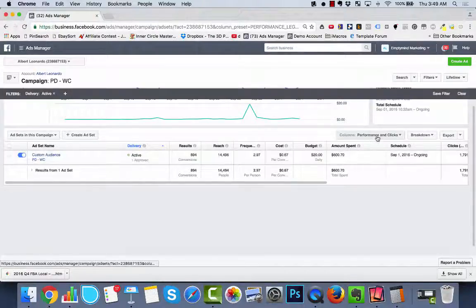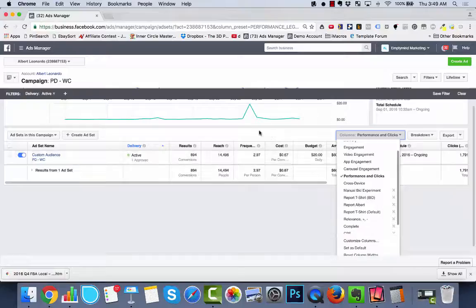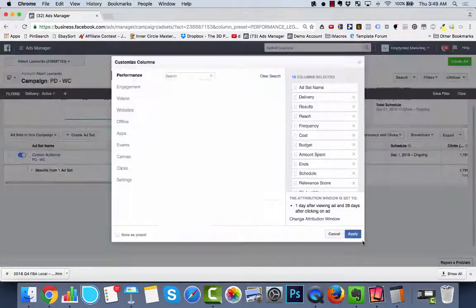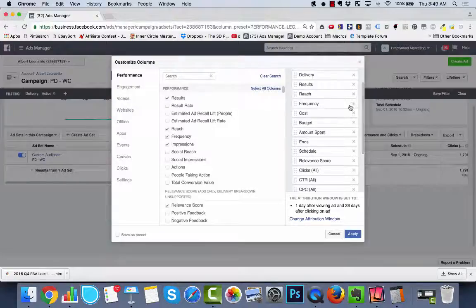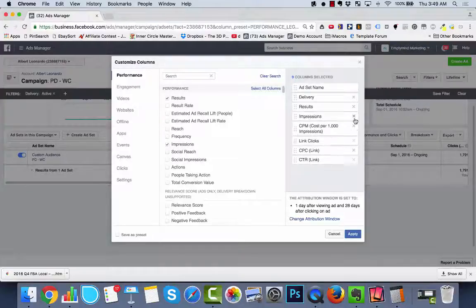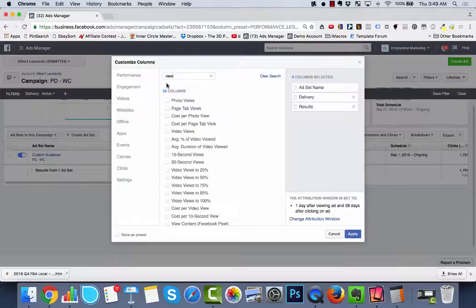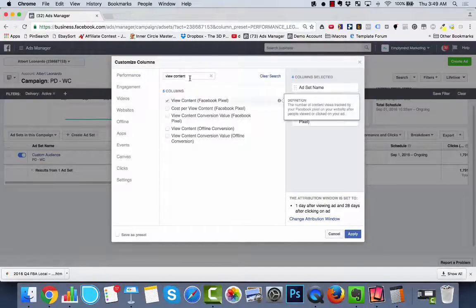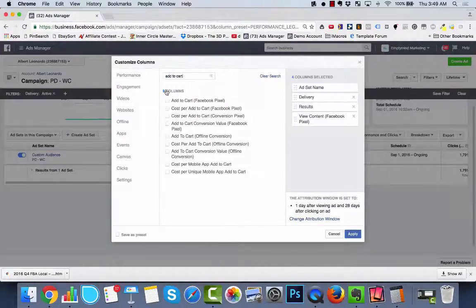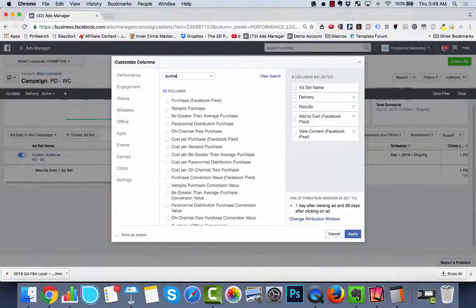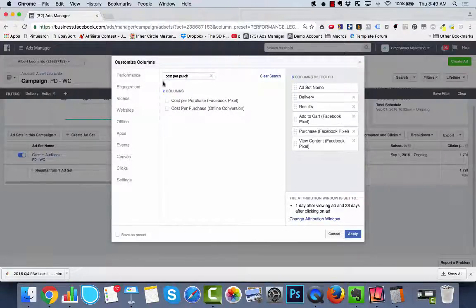And then you can also customize the columns here. For example, you can cross out which one you don't want to see and select what you want. For example, I want to see view content, and then I want to have add to cart. I want to have purchase, then cost per purchase, right?